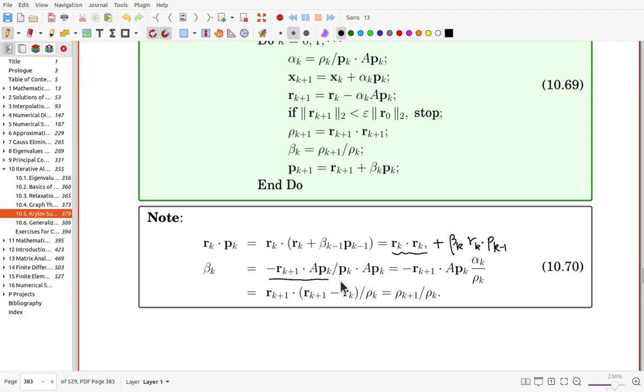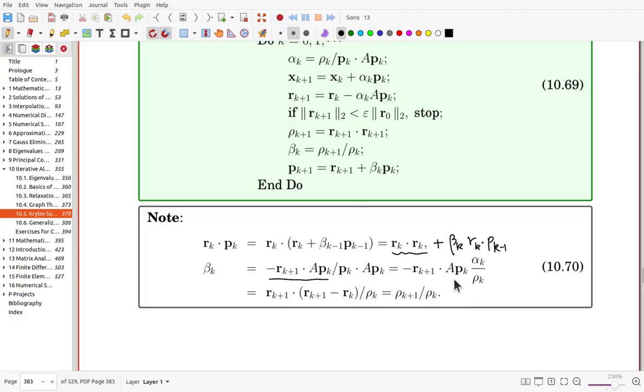Now for that one, p dot A p, that is the same as rho over alpha. So this portion is replaced by alpha over rho.